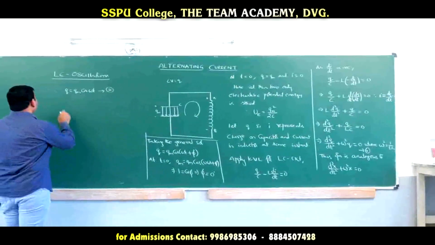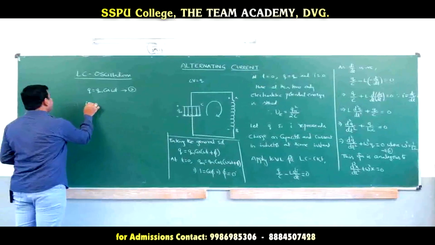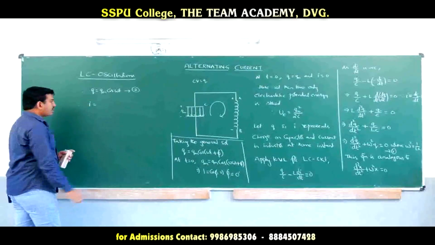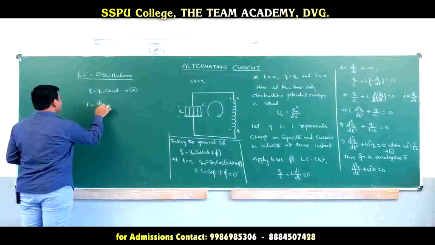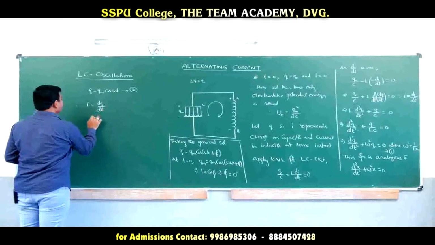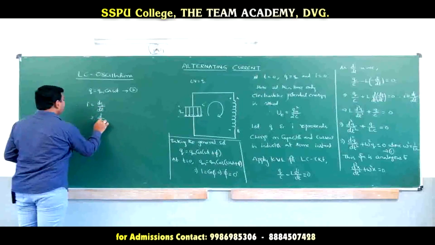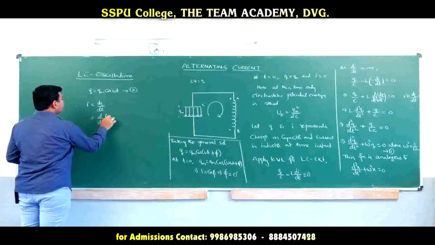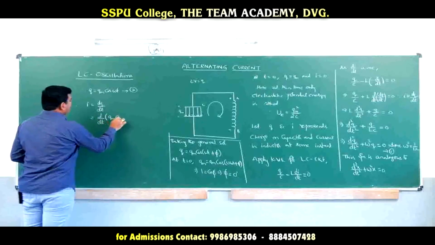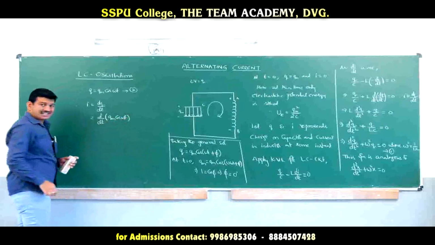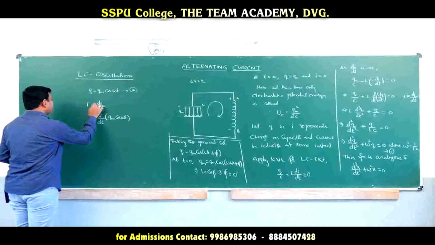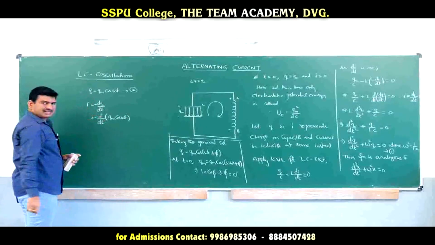Now, therefore, current I is equal to what? Current I is equal to dq by dt. Therefore, I can write it as d by dt of qm into cos omega t. But we know that current is decreasing. Therefore, I can take it as minus. Is it clear or not?